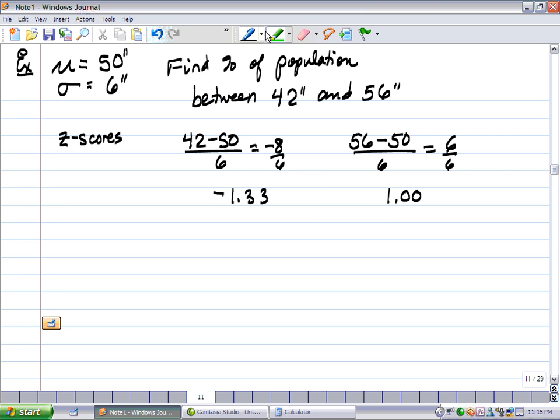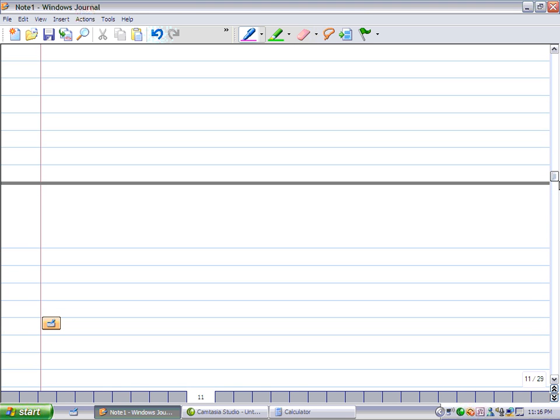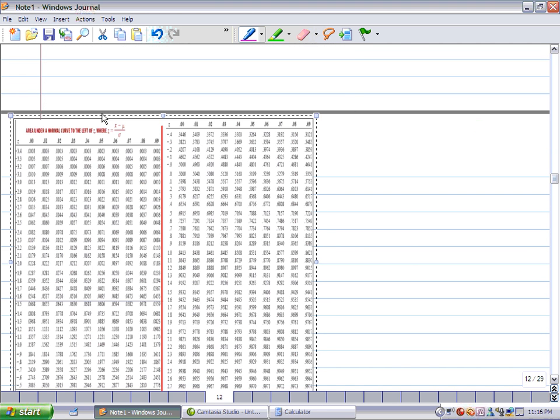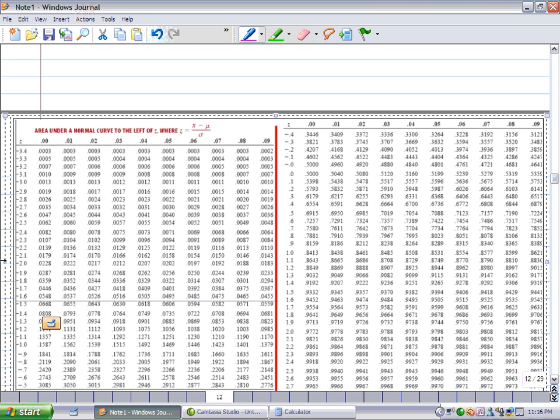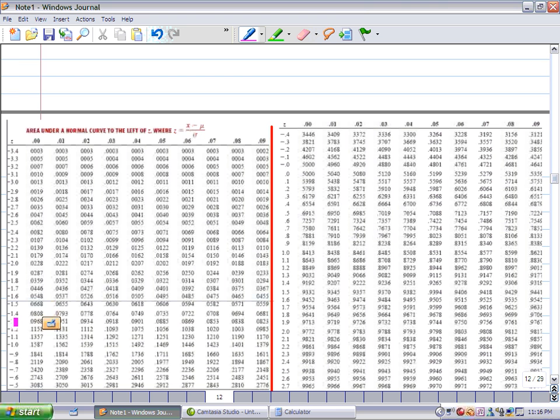So first of all, I need to look up negative 1.33 in the chart. Maybe it'd be easier just to put the chart up again. Negative 1.33. There's negative 1.33.